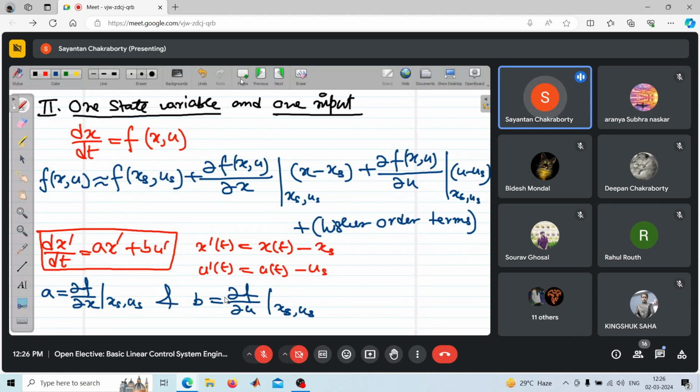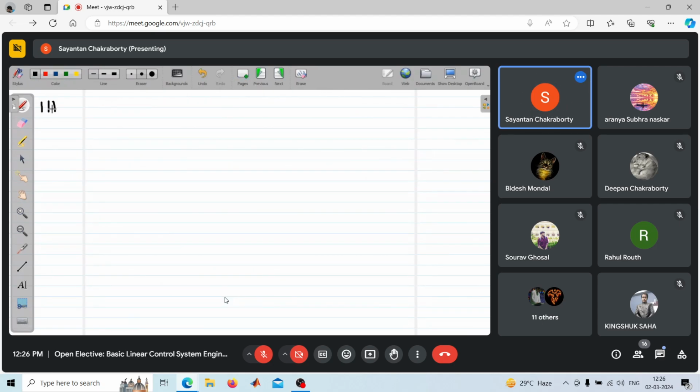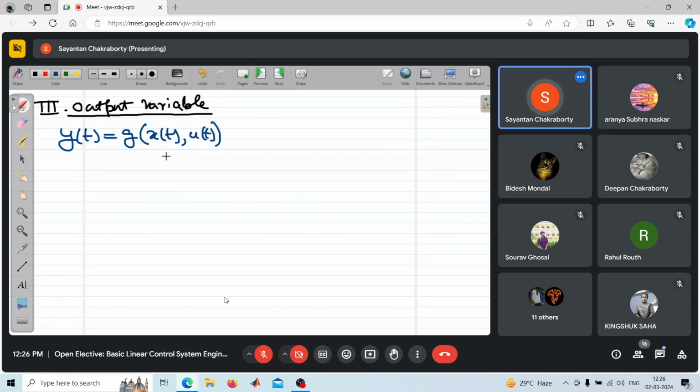And what about the output finally? For the output variable, what can you write? Say yt is given as g of xt, ut, some function.